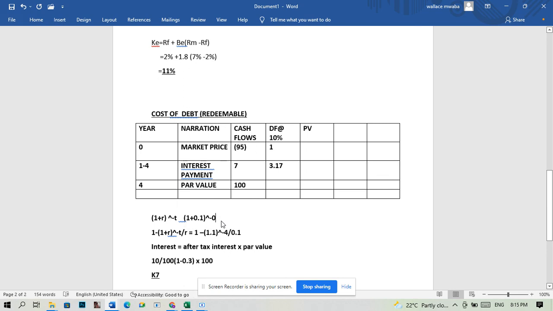Maybe let me write the values here so that when studying we are not confused where they're coming from. So what about 1.1 to the power negative 4? What do we get? 0.683.